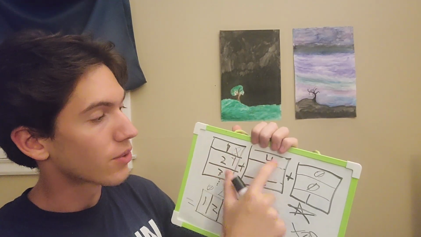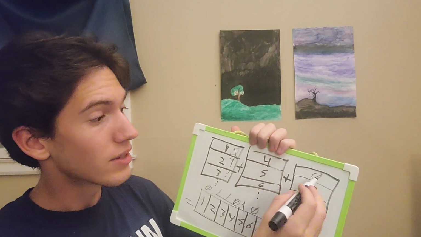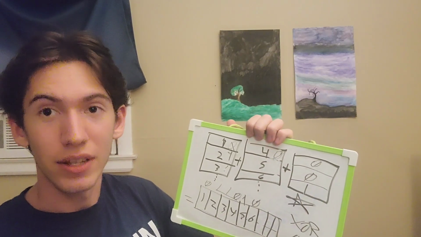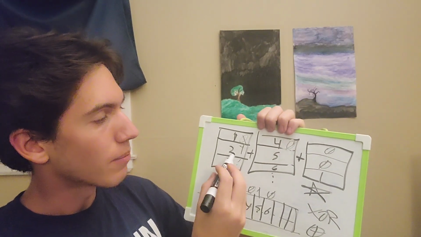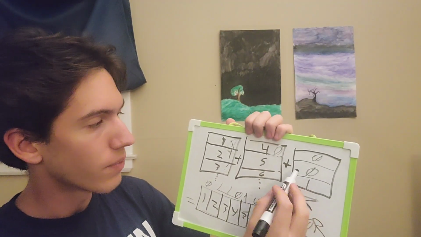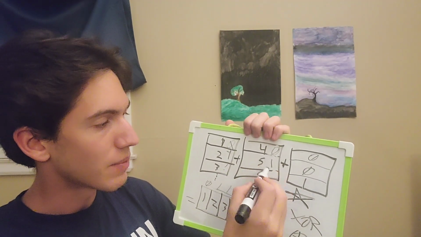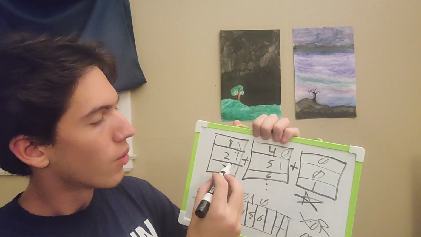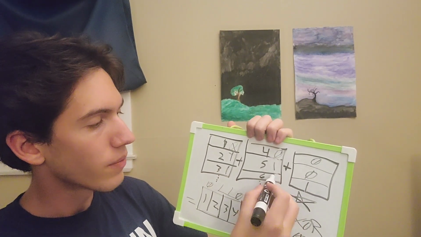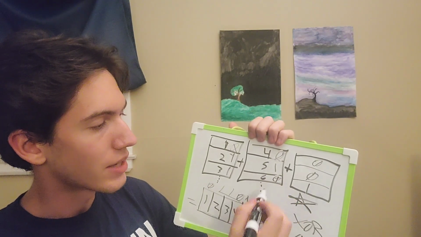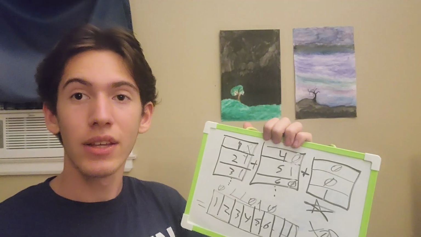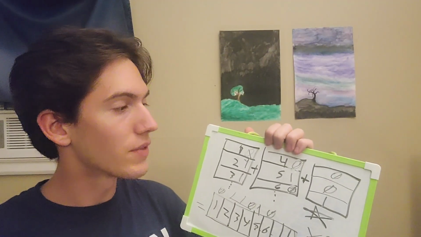But 0 XOR 0 is 0, so this byte has to be a 0. We do it again. 1 XOR something is equal to 0, so this has to be 1. And finally, 1 XOR something needs to be 1, so this has to be a 0. And that's how you can use parity to rebuild lost drives.